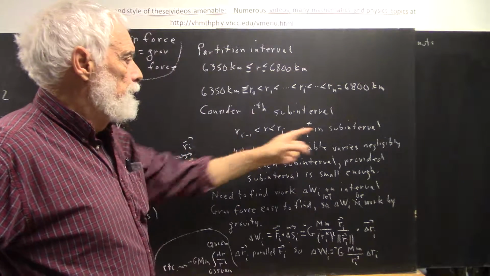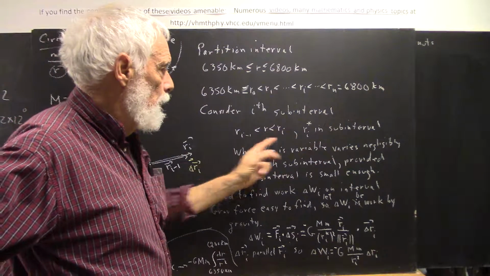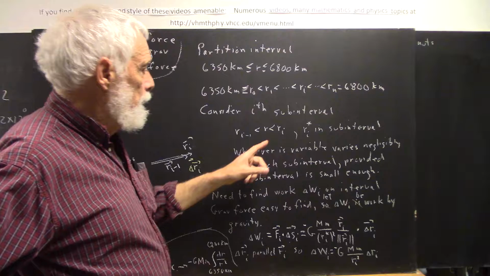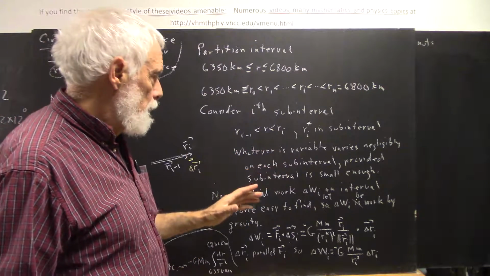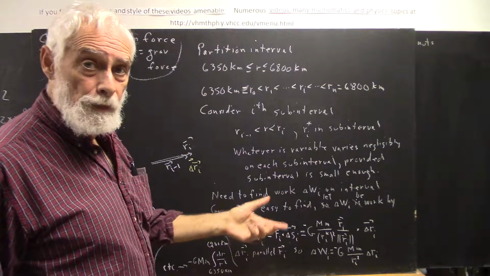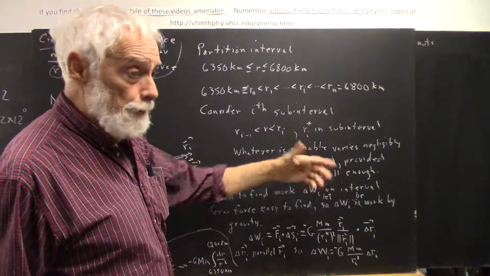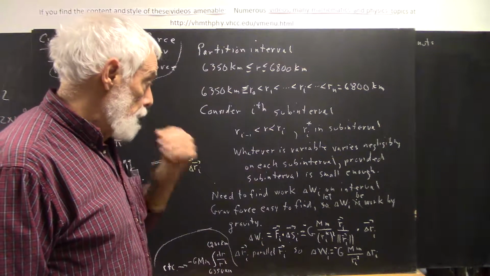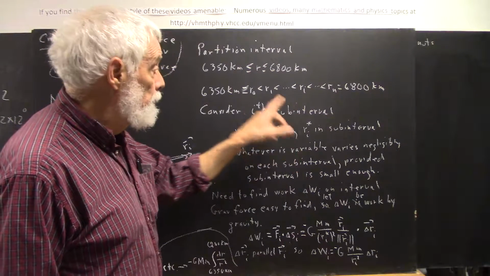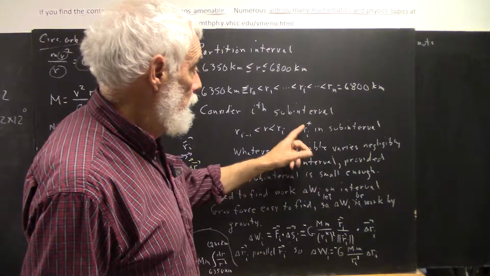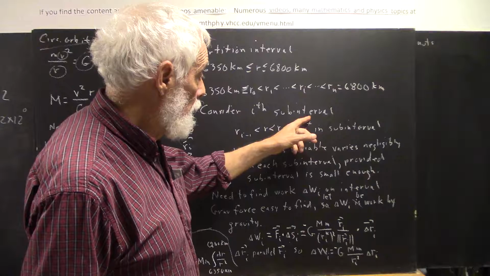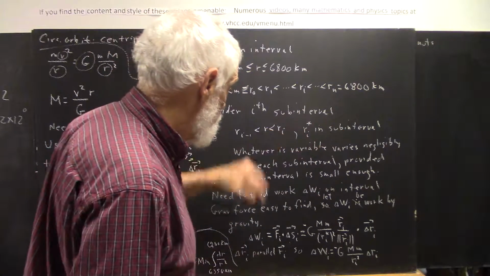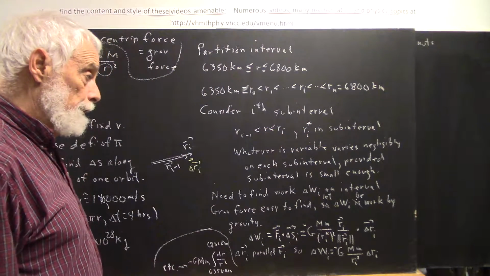Okay, so we have this idea that we don't care about any other subinterval, we just pick one of them, and whatever we do in this subinterval stands for whatever we would do in any other subinterval. We have a subinterval that's determined by the partition and a sample point r sub i star in that ith subinterval.